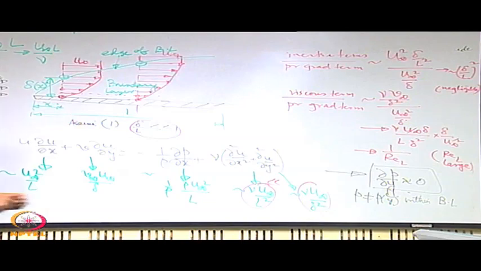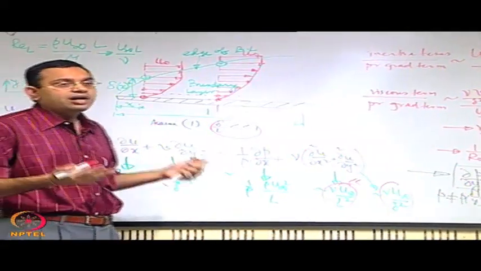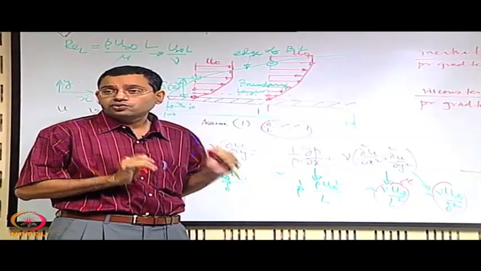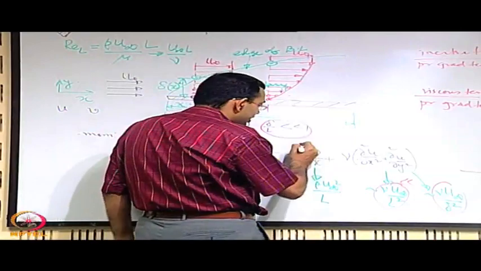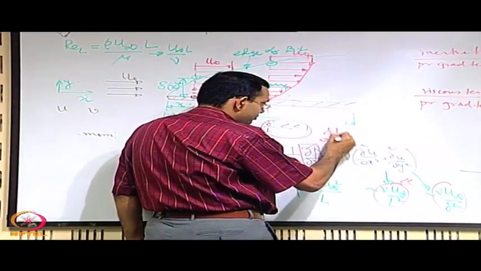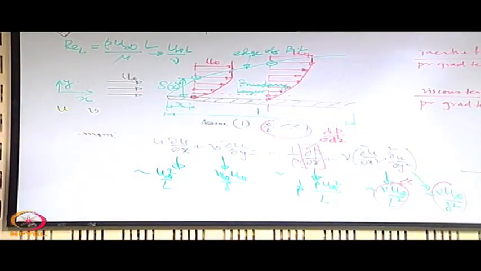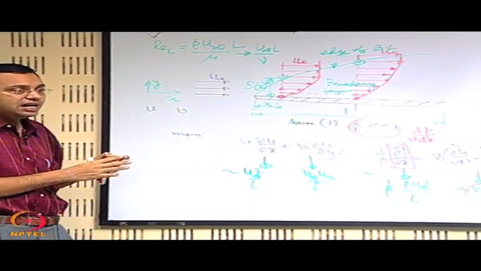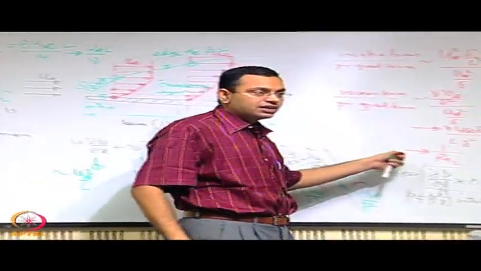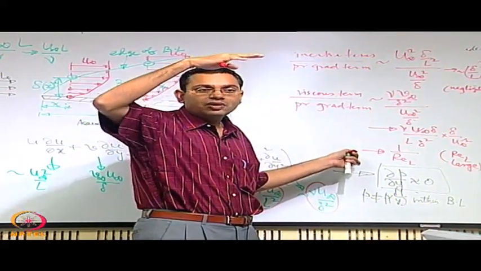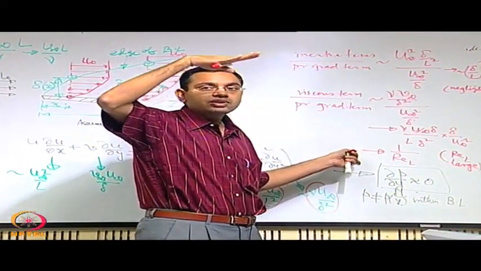The second thing is p in this problem could be a function of x and y. Now, p is not a function of y, therefore, p is a function of x only. Therefore, a very important thing is here we can write this as dp dx. Going one step forward, it is dp dx outside the boundary layer, because we have just seen physically that whatever is the pressure gradient which is existing outside the boundary layer, the boundary layer fluid is subjected to the same pressure gradient.